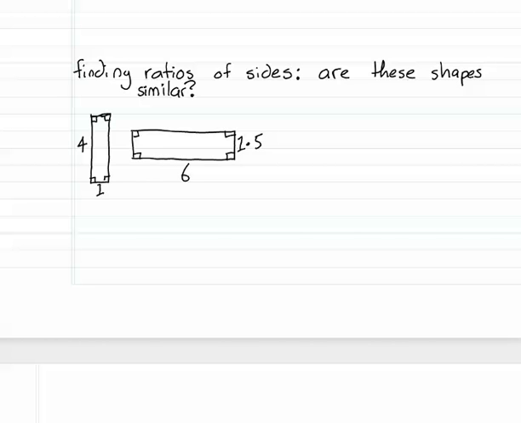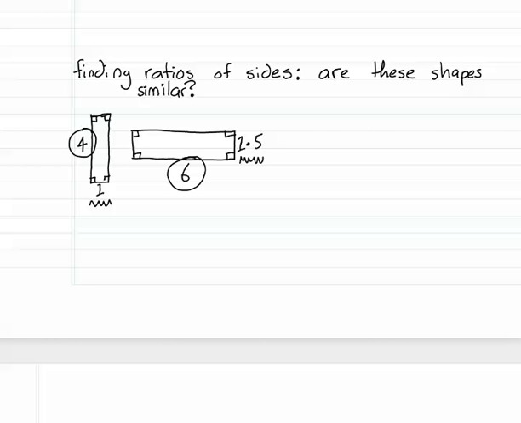But the ratios of sides, to check if shapes are similar, we need to find ratios of matching sides. So first we identify which sides match. In these rectangles, the long side in each rectangle matches, and the short side in each rectangle matches.